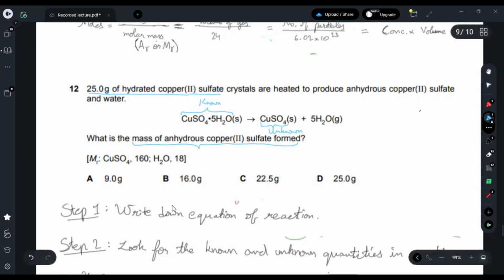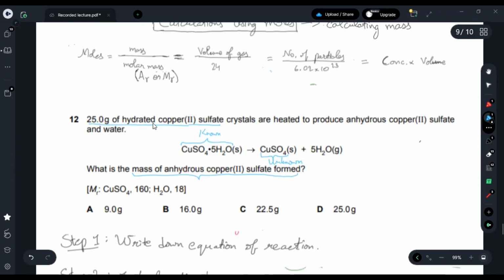So what we are given is a mass of a known substance, and we have to find the mass of an unknown substance. So we are going to work with masses. The formula which is going to be used is this one: moles is equal to mass over the molar mass, for both the known and the unknown. The mass of this is known, so we are going to find the moles.